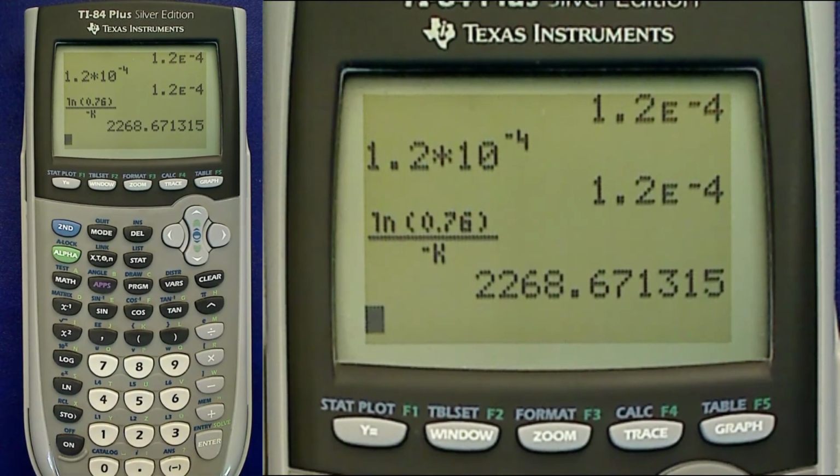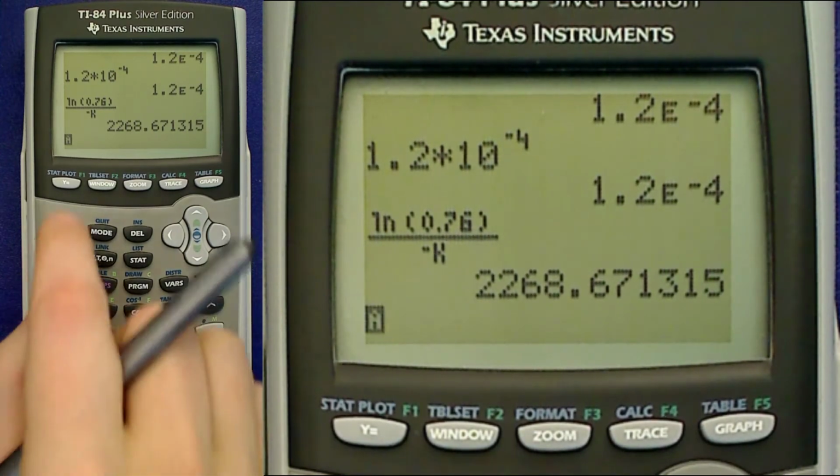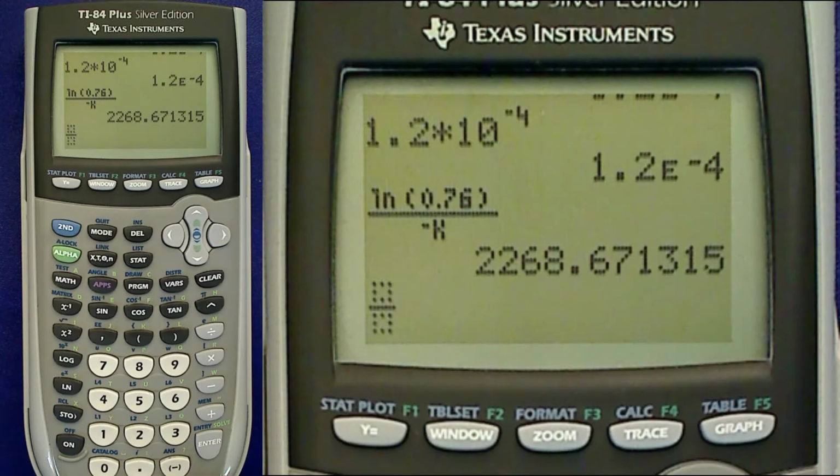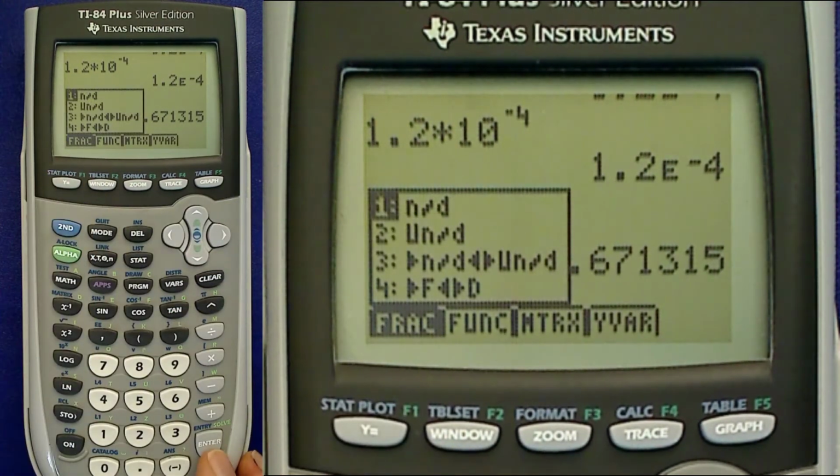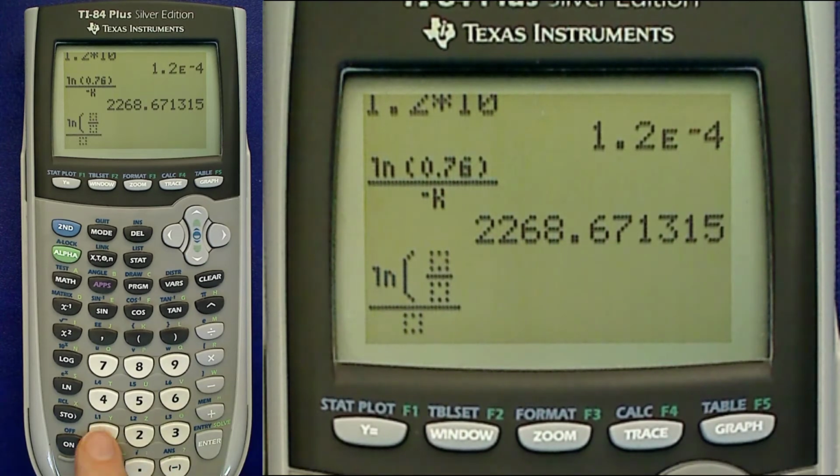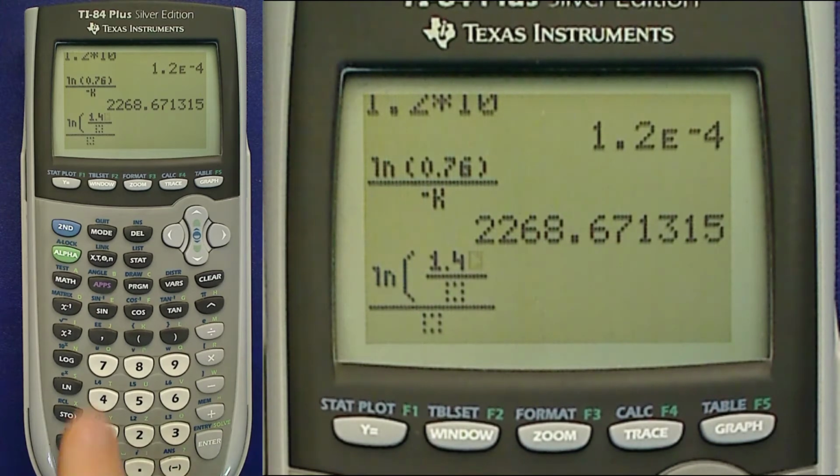Now you need to be careful to get the right components of this calculation in the right place. I'm going to start with a fraction bar and do ln of, and put in another fraction, 1.4, and just to demonstrate it, I'm going to use the calculator's E notation here.